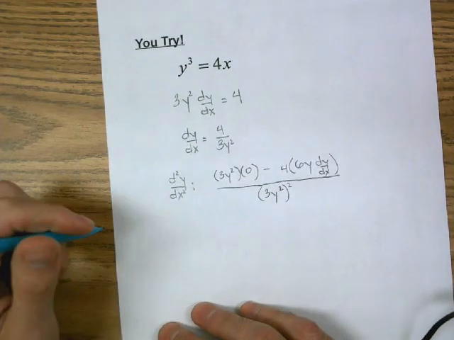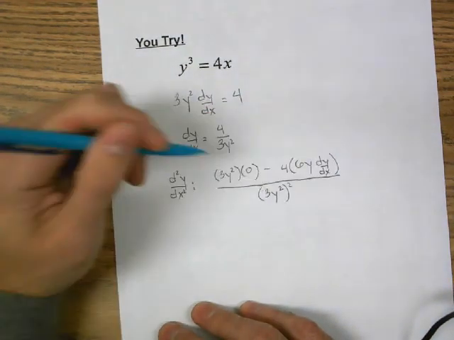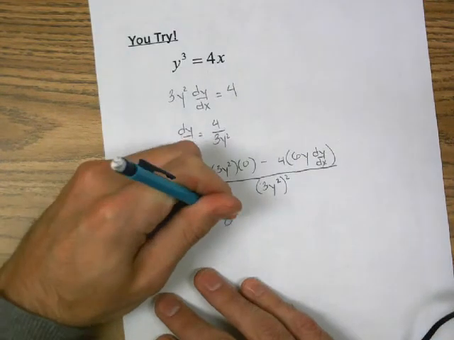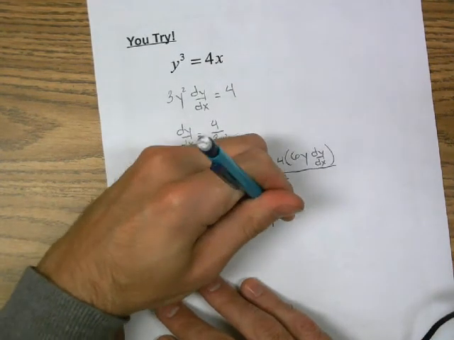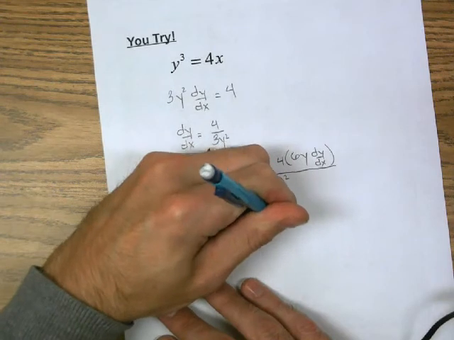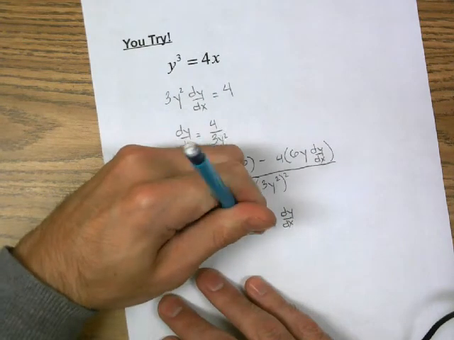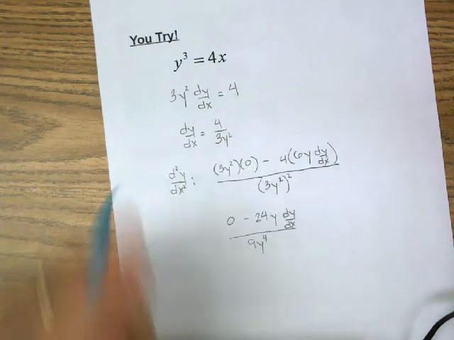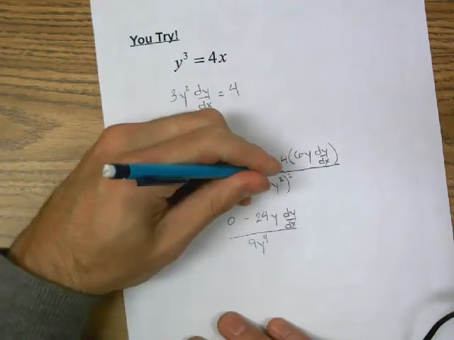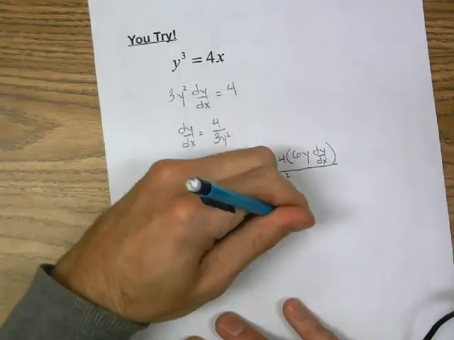Okay, now that second is going to end up having to go to both of these. So this is going to be 0 minus 24y dy/dx, which we'll plug in a second, all over 9y to the fourth, because that second went to both of those.